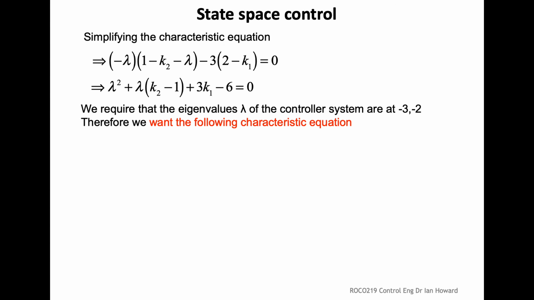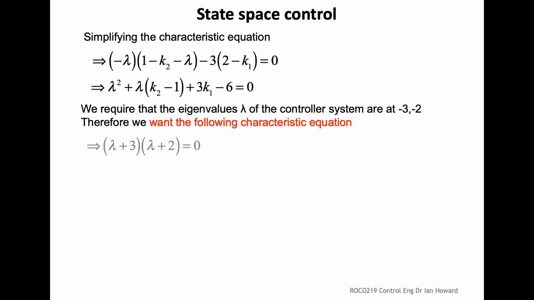Now, what we've been asked to do is to set the poles at minus 3 and minus 2. So we want to work out what the values of the gains K1 and K2 are, such that we end up with a system with eigenvalues at minus 3 and minus 2. But we can immediately write down the characteristic equation of a system which has those two eigenvalues.